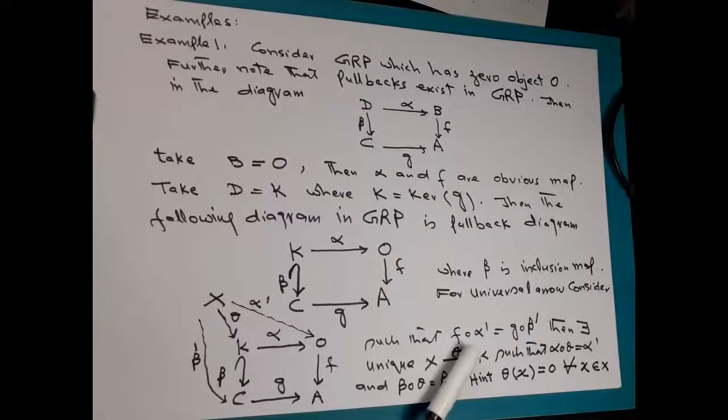Prove that alpha composed with theta is equal to alpha dash, and beta composed with theta is equal to beta dash, and also prove that theta is such a unique map. So this is up to you to work out these details and convince yourself that this is a pullback diagram.